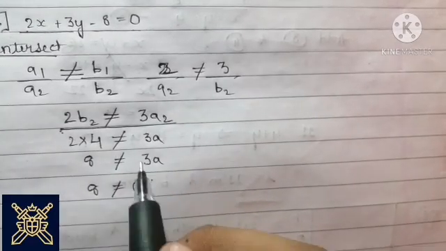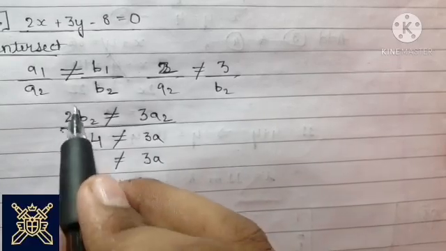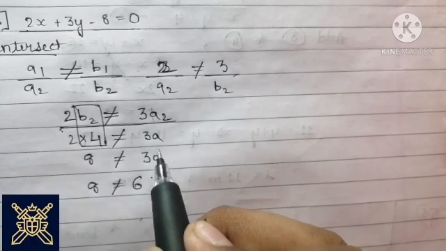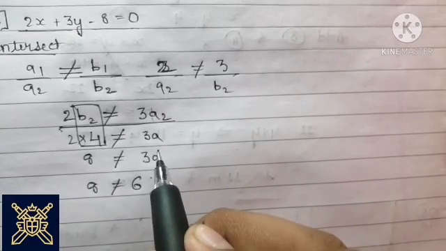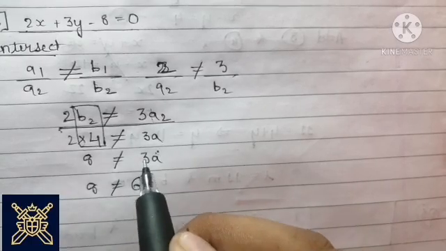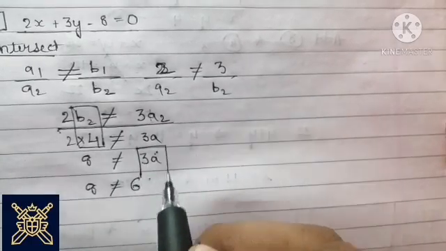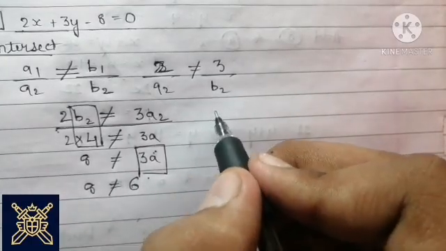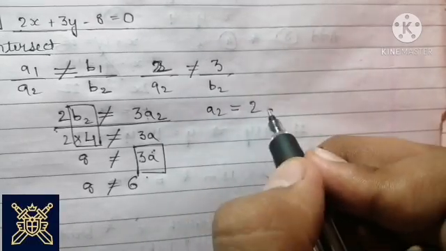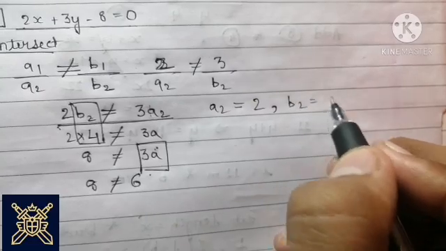Here we have b2 as 4 and a2 as 2, 3 into 2 being 6. So a2 is equal to 2 and b2 is equal to 4.